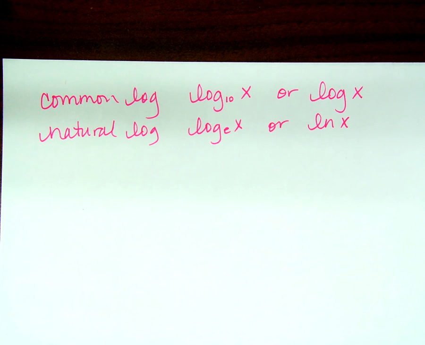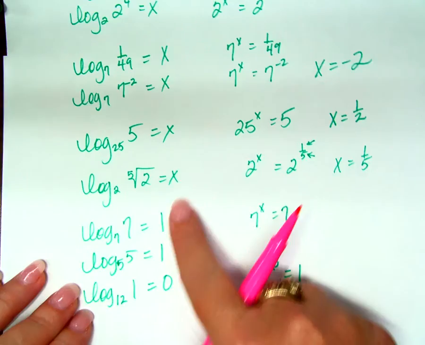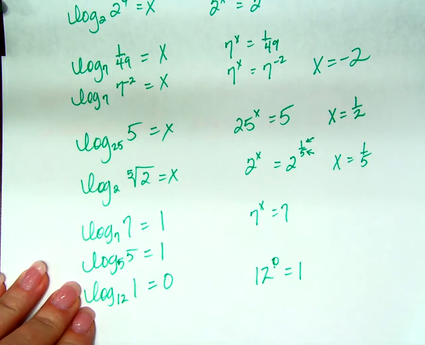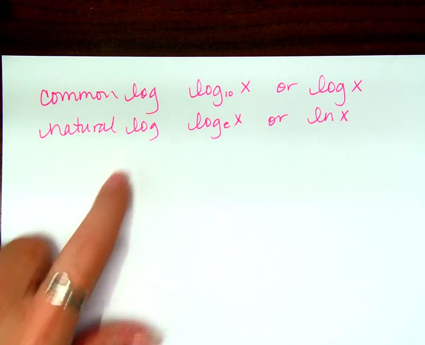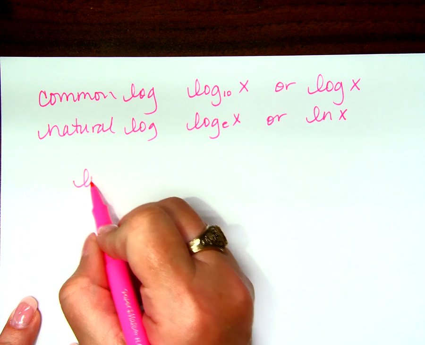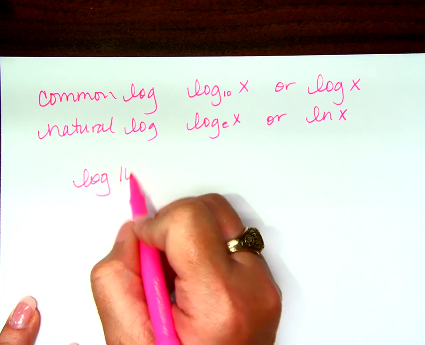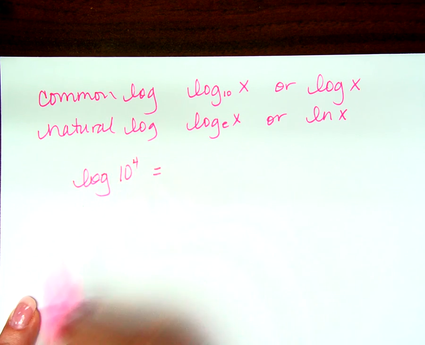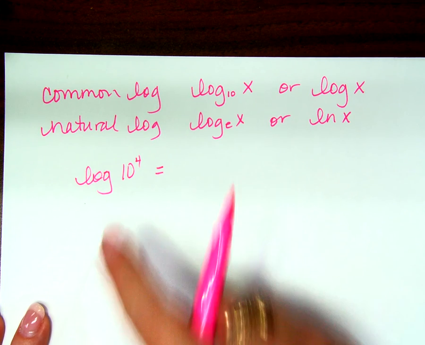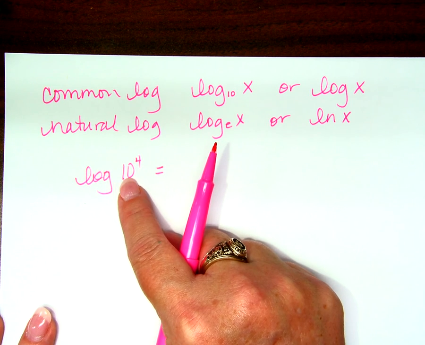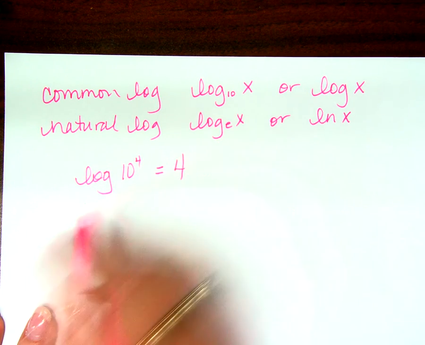Any questions about that? All the same rules that applied for the shortcuts I was showing you apply to these as well. If I say log of 10 to the 4th power, what's the answer? Is the base the same? The answer is 4.